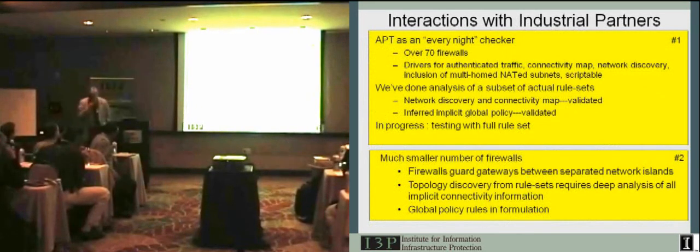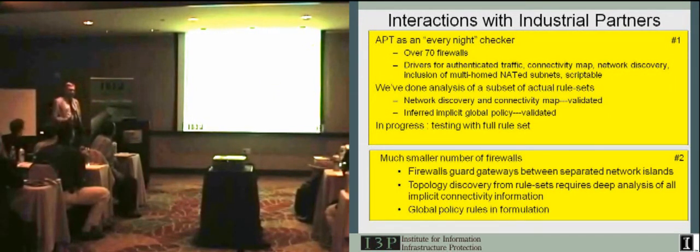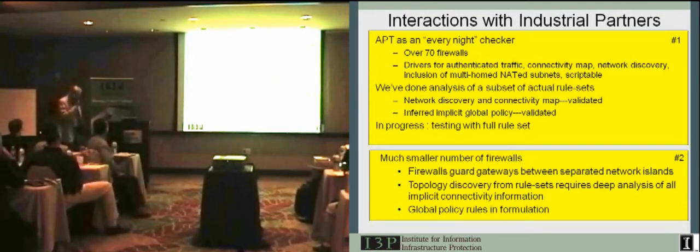So we have been working with 2 industrial partners on this, and I just can't tell you how beneficial these interactions have been for us, in that these people have real networks with real hair on them, and that has forced us to deal with things in the tool that we sort of hoped we weren't going to have to, but we did. So things like having authenticated traffic, things like having NATs, things like having double homed or dual homed NATs.